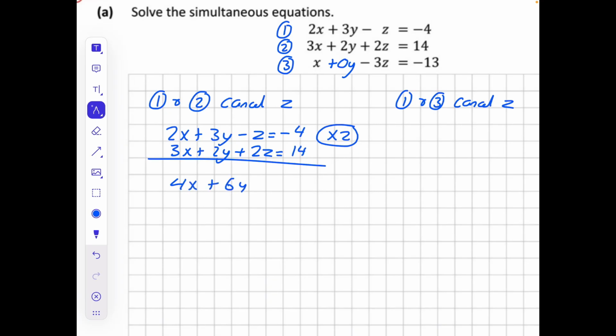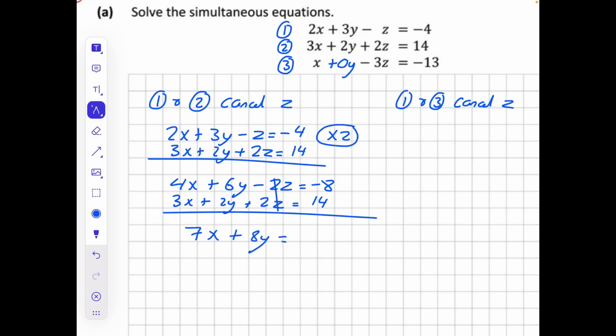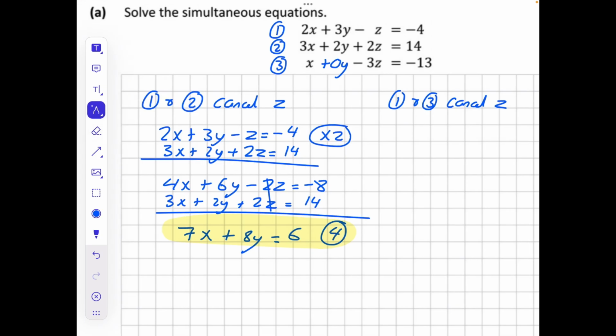To multiply the other terms by 2 as well. And we can leave the bottom line alone. Okay, z's cancel. We have 4x plus 3x, that will give me 7x. We have 6y plus 2y is 8y is equal to minus 8 plus 14, which will be 6. I'm going to call that equation 4 and just highlight it so I don't lose it. So that's my first step done.